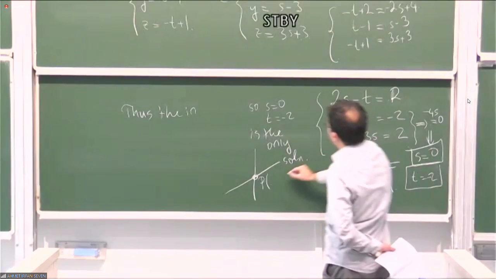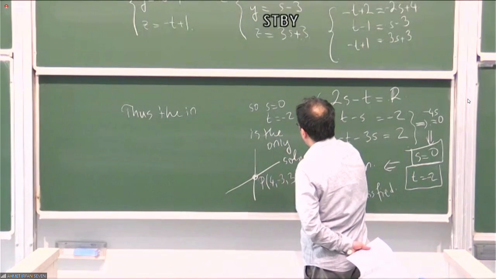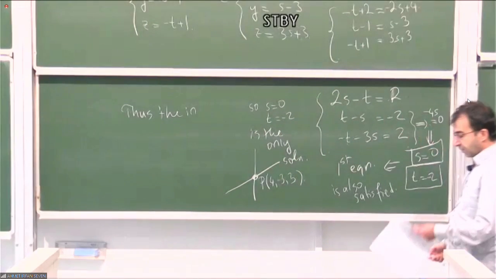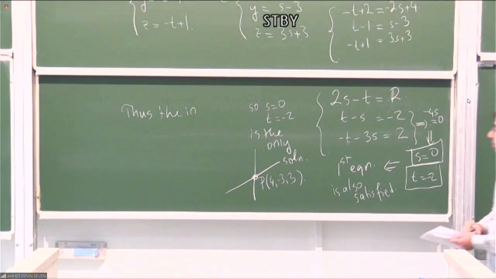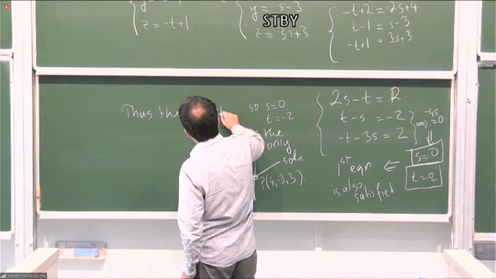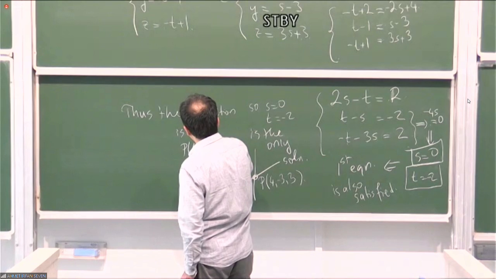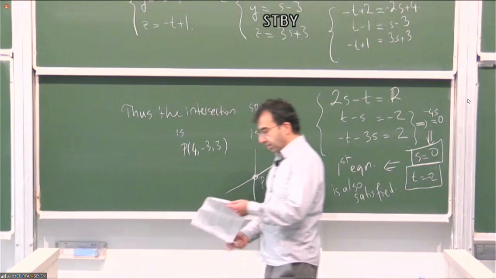We get 4, minus 3. So this is our intersection point. The intersection point is (4, minus 3, 3).